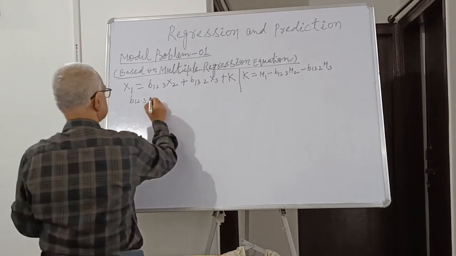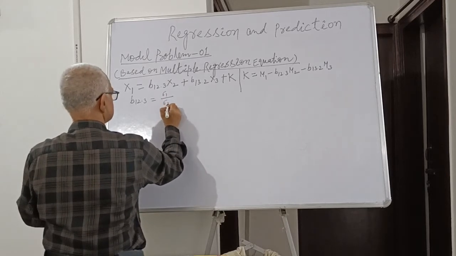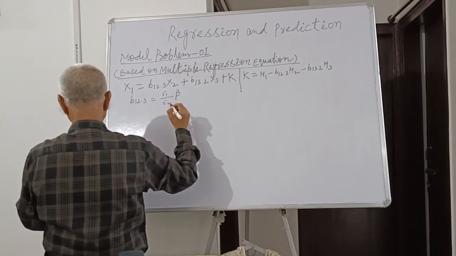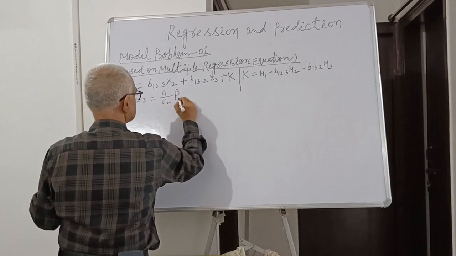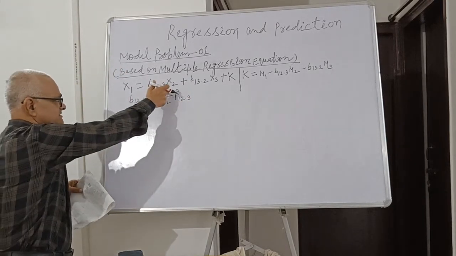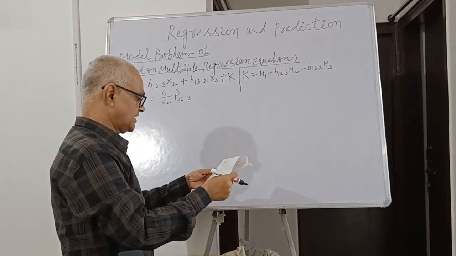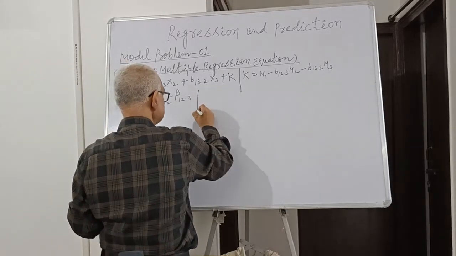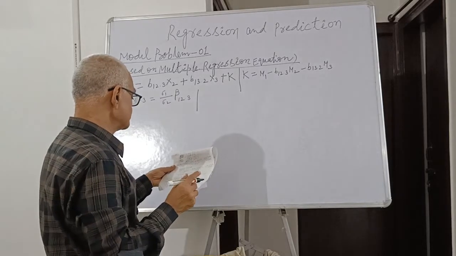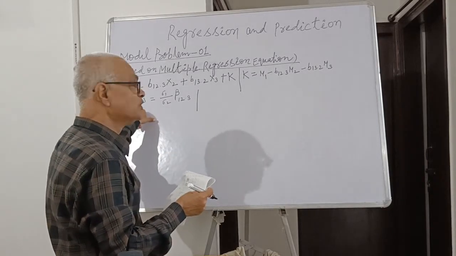We have a formula in terms of the standard deviation of the first divided by the standard deviation of the second, multiplied by beta 12.3. Here again, these values are known to us, but we don't know the value of beta. So we have to also know the formula with the help of which we could compute b12.3.